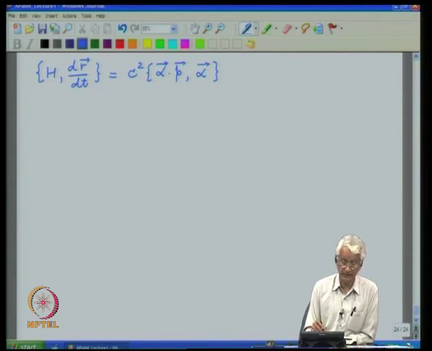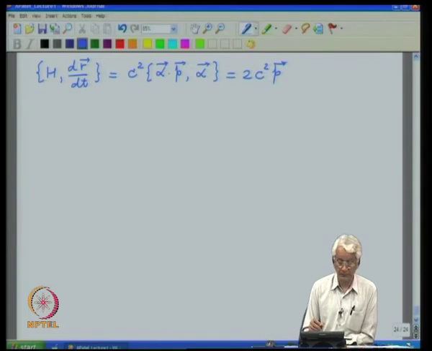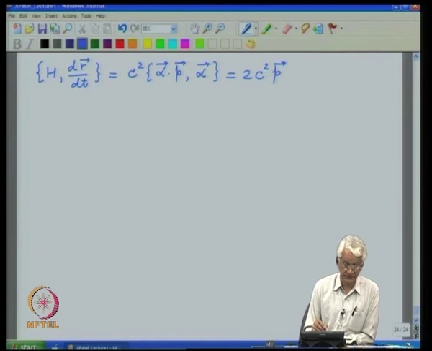The rest mass term basically gives 0 commutator, and now here the term which survives is just the momentum part. So, now this can be interpreted as an equation which relates the velocity operator to the momentum, but only in some specific situation.